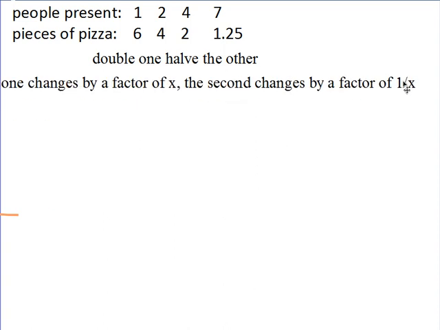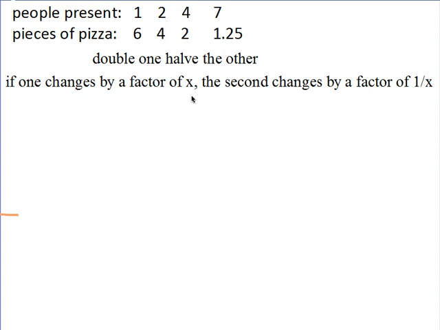Technically, it would be if one changes by a factor of x, then the other changes by the factor of the inverse of x. So if one changes by a factor of 2, the other changes by a factor of the inverse of 2.